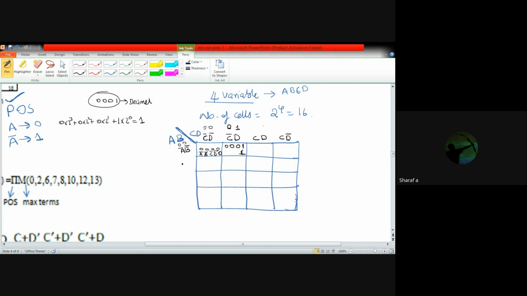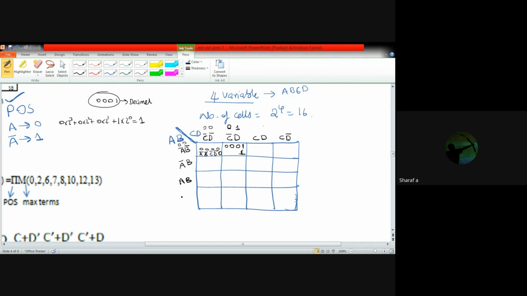Similarly, going down, you have A bar B, no problem. B bar changed to B, A bar remains as such. And after A bar B, in the next row you will have AB instead of A B bar, because A bar changed to A, B remains as such. So only one variable is changed.